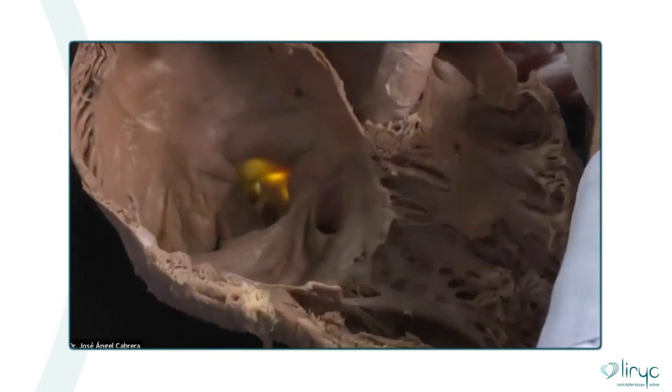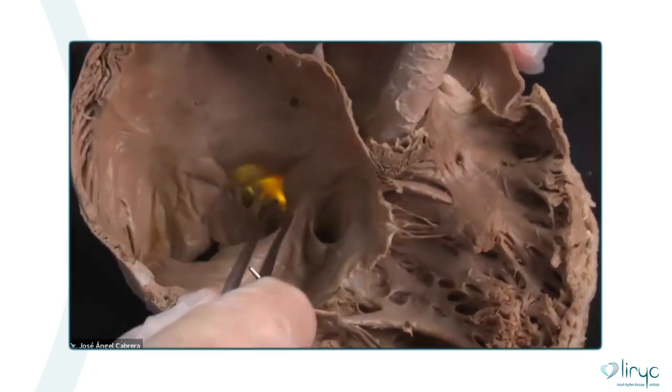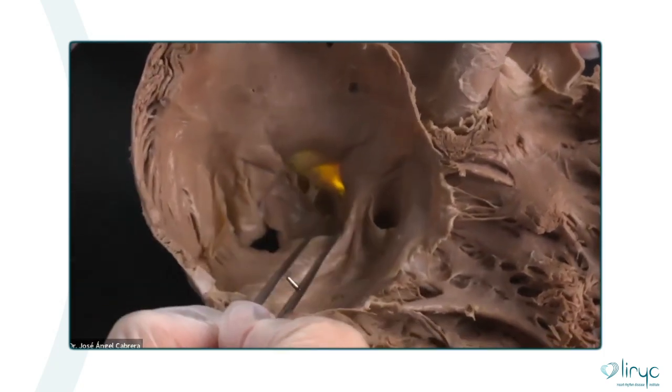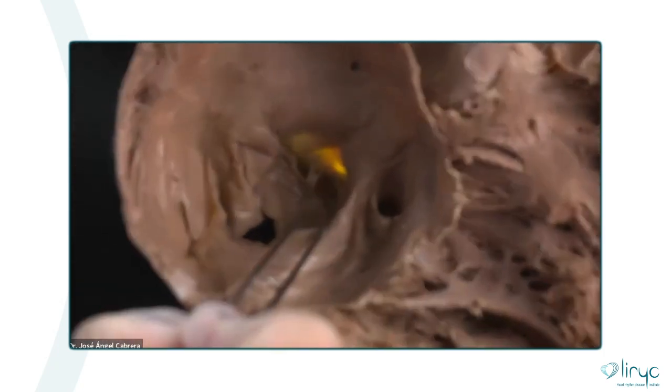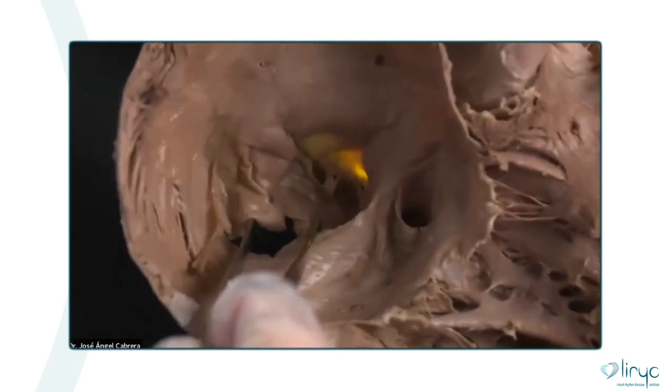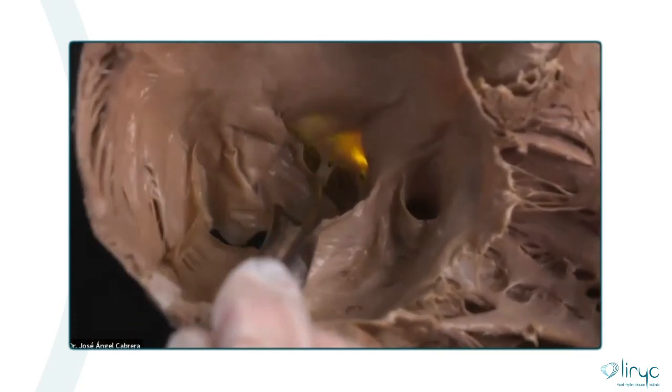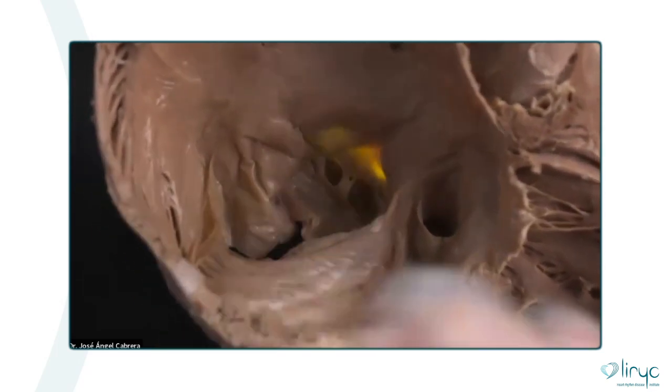Note also here the Chiari network. Can you see the Chiari network that you can see during some imaging technique or even when you move the catheter inside? Note all these valves in this area of the inferior cavotricuspid isthmus.